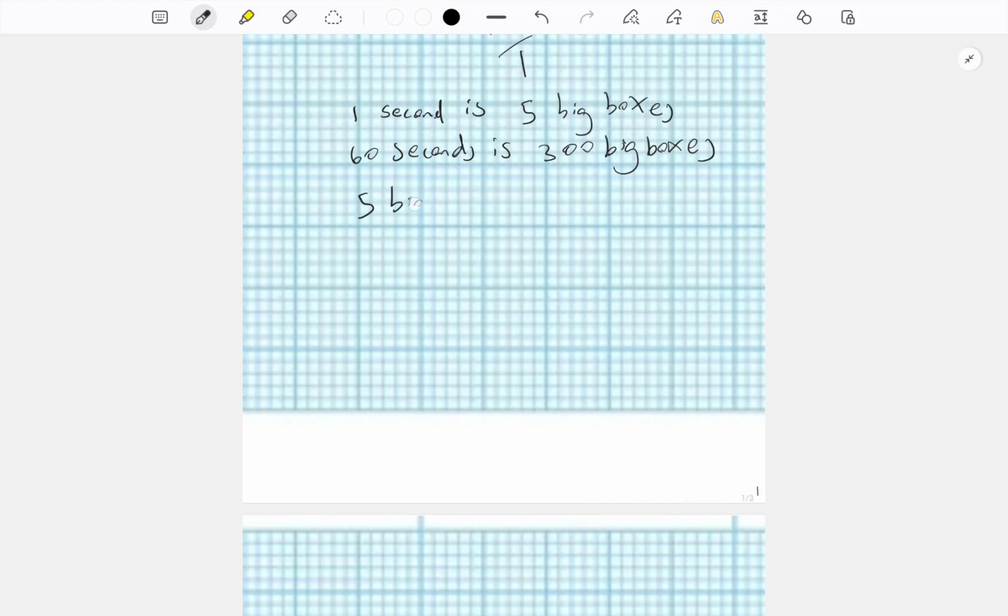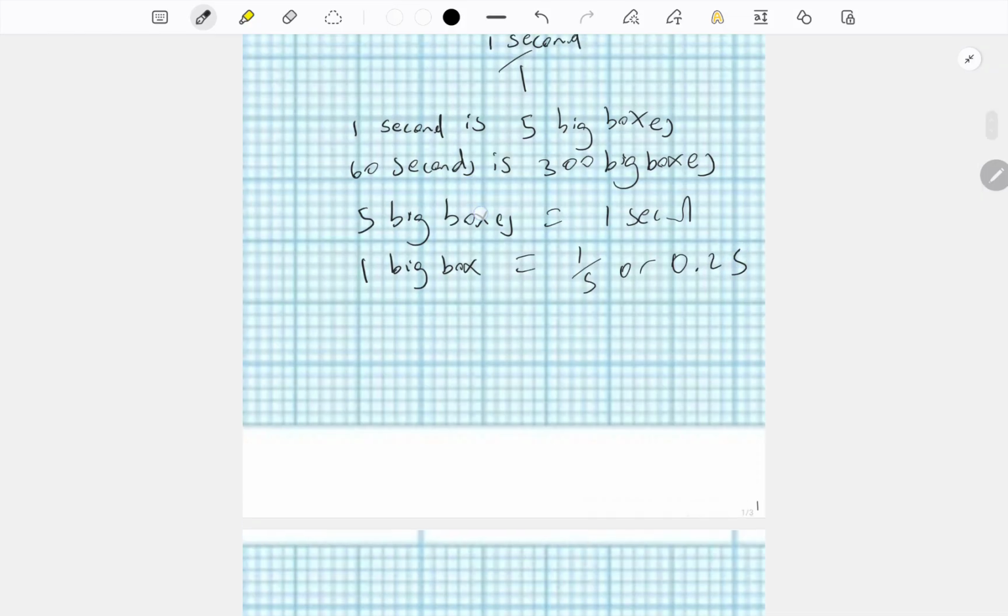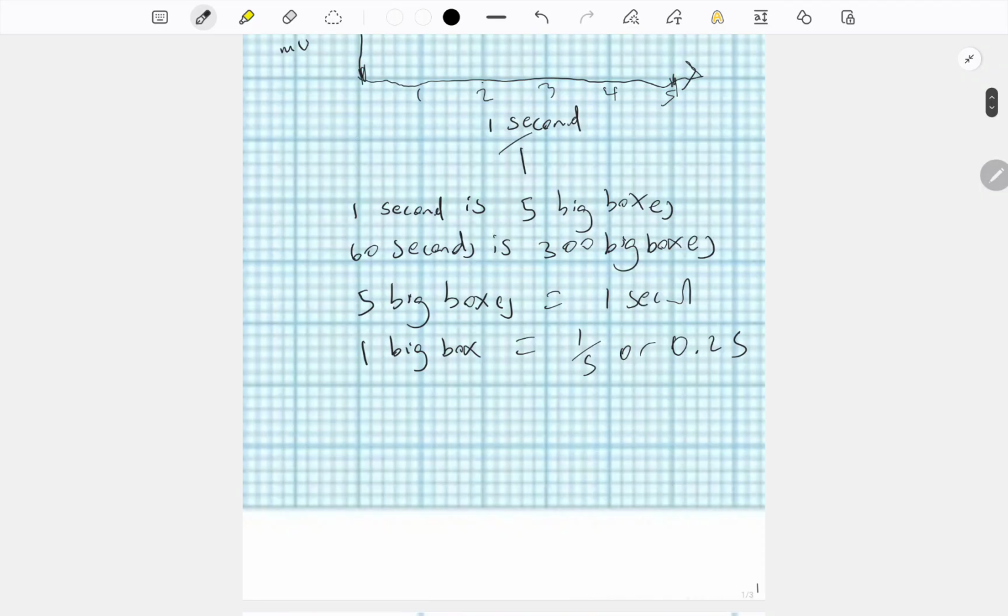5 big boxes equal 1 second. Therefore, 1 big box equals 1/5 of a second, or 0.2 seconds. And if you look closely, in each big box there are 1, 2, 3, 4, 5 tiny boxes.